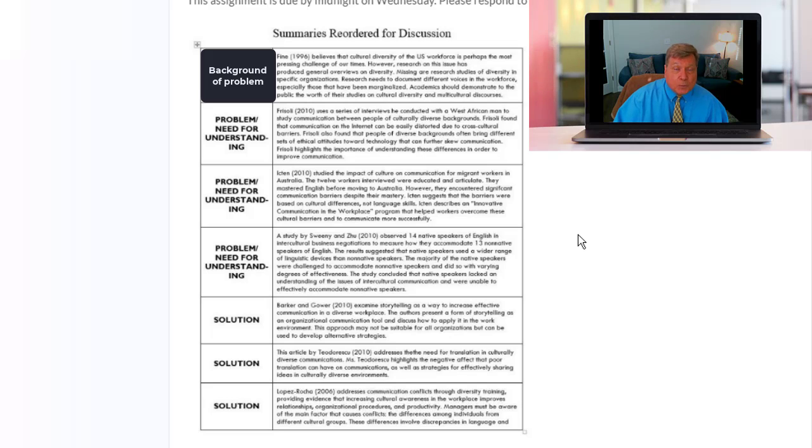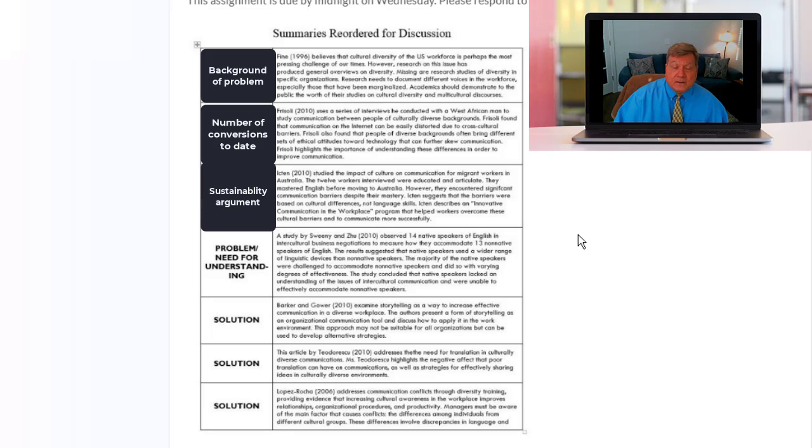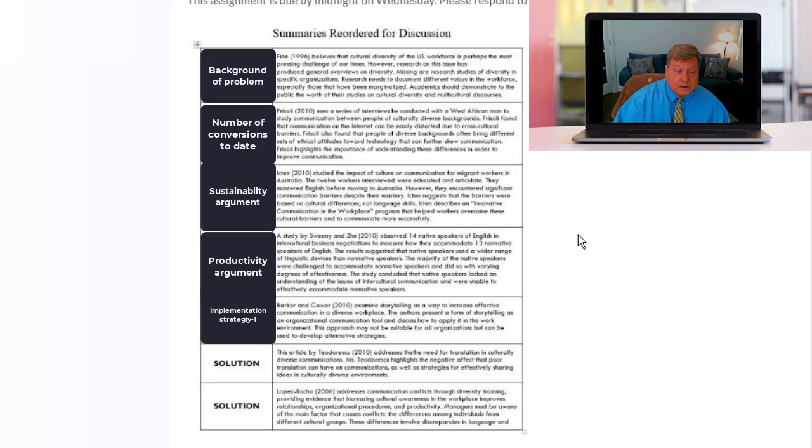But before that, you're probably going to want information on the number of different offices across the world that have already gone paperless. So that second column might be number of conversions to date. Then your third column might be the sustainability argument. Your fourth column might be labeled the productivity argument, etc., etc. How to implement number 1, how to implement number 2, how to implement number 3.